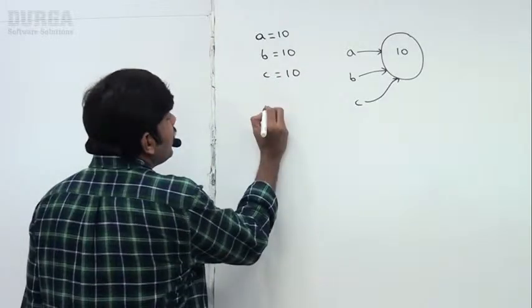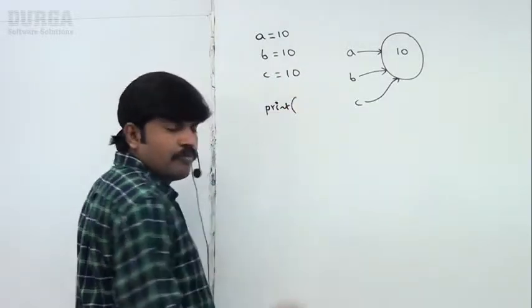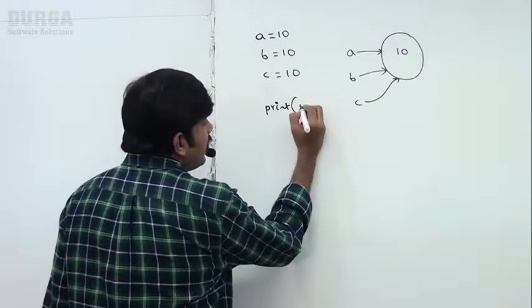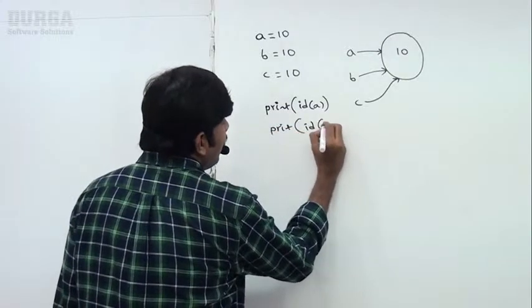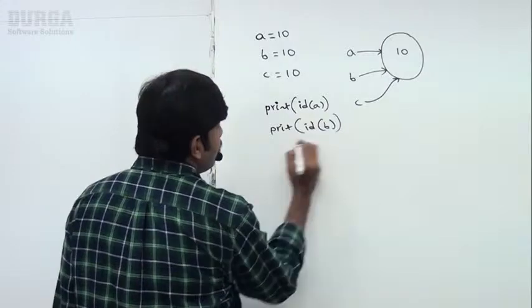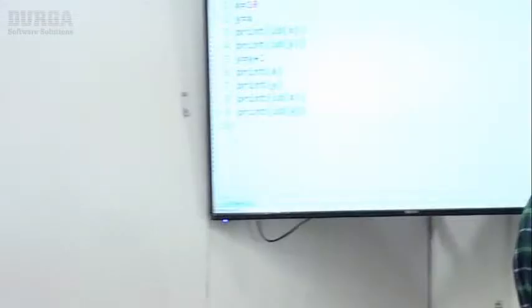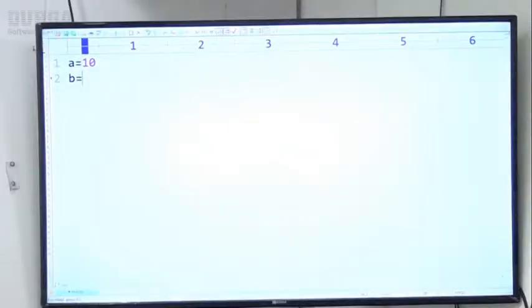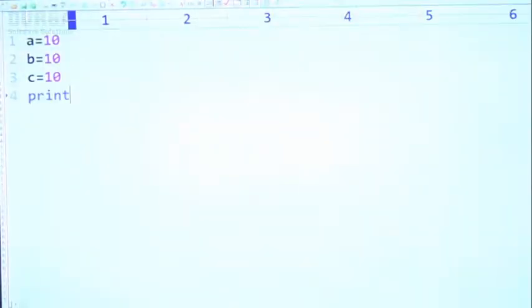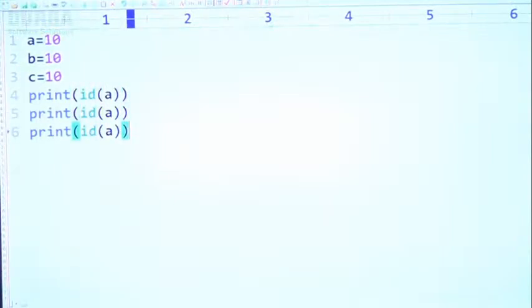Very simple: print of id of a, print of id of b, print of id of c. Here I am taking a is equal to 10, b is equal to 10, c is equal to 10.